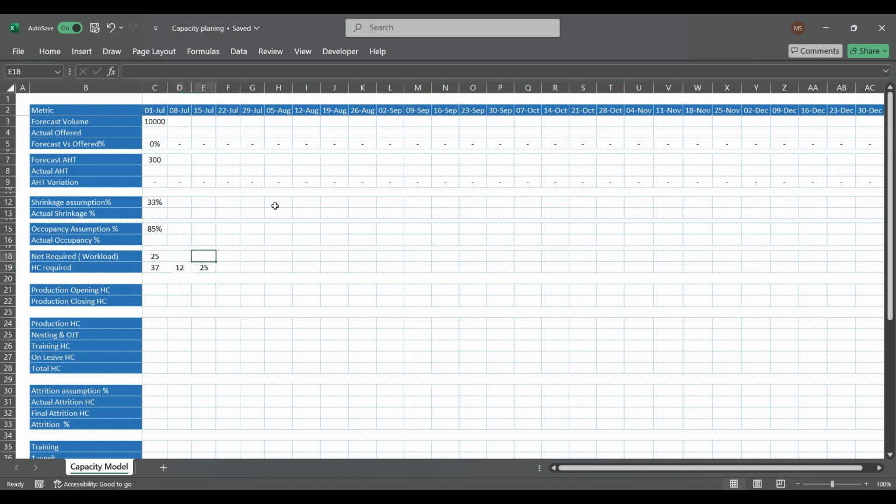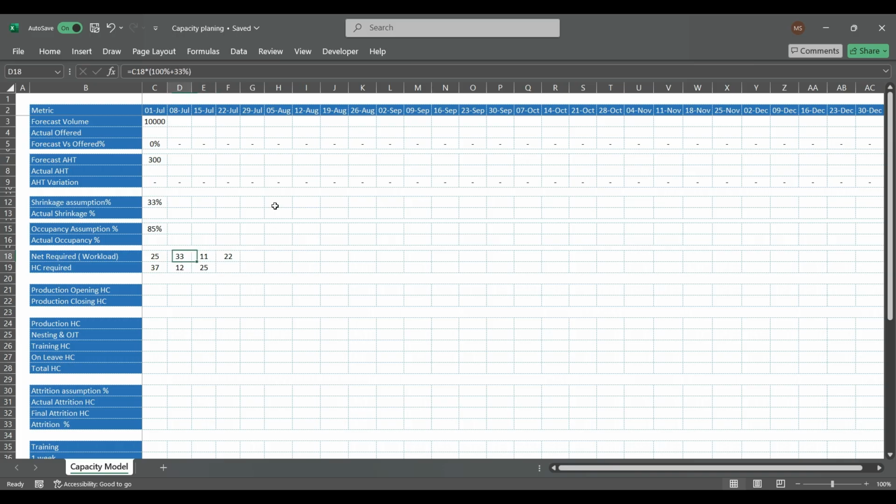Now let me calculate through the other scenario which I discussed with you: 100% plus 33%, which shows 33. If I exclude the 33% shrinkage here, it shows 11. I'm checking whether this formula is correct or not.